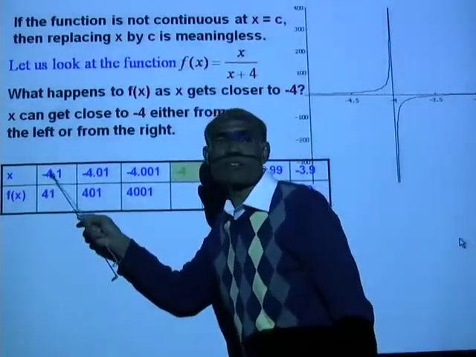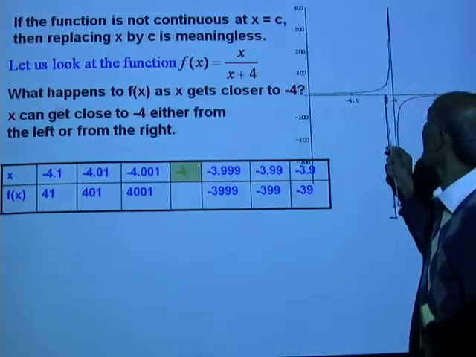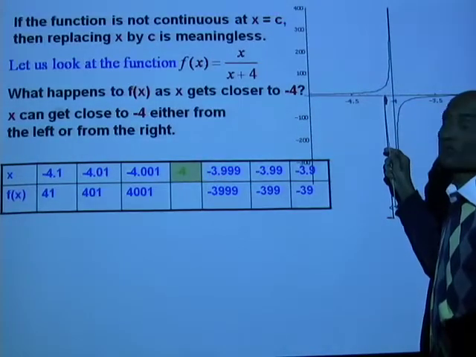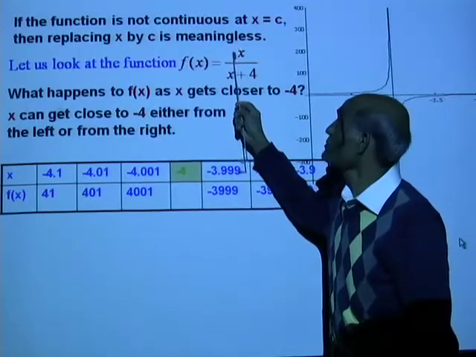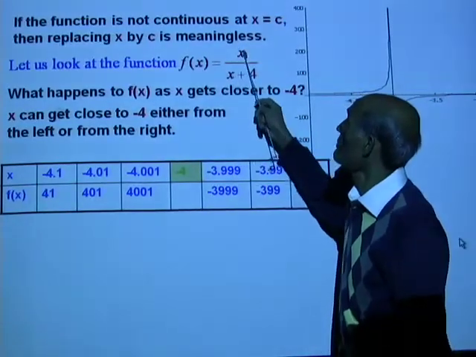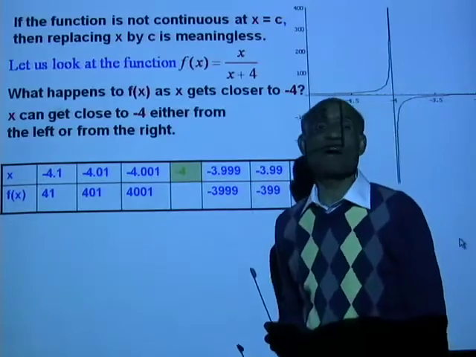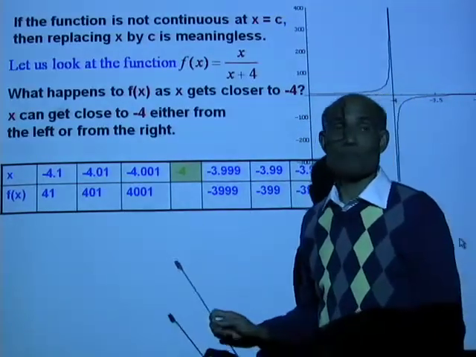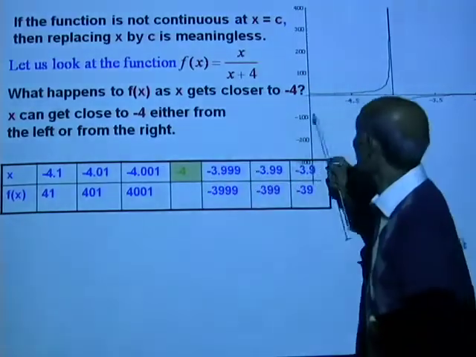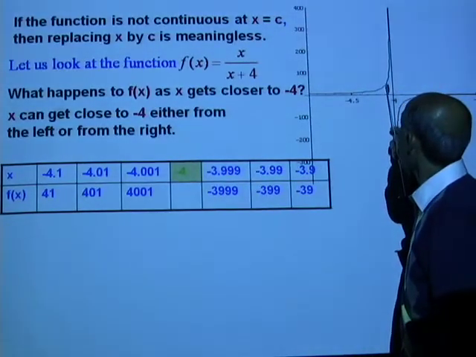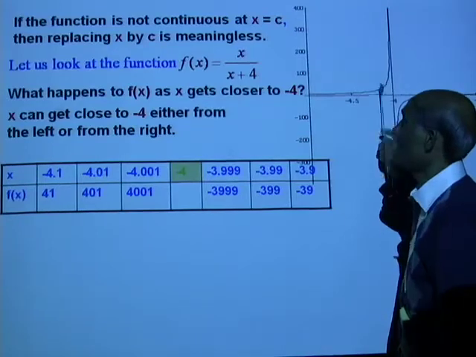Okay, let's start with x equal to -4.1, that is here. x equal to -4.1, use a calculator. Give me the value of the output. Do it on your calculator. It'll give you 41. So x equal to -4.1, the output is 41.